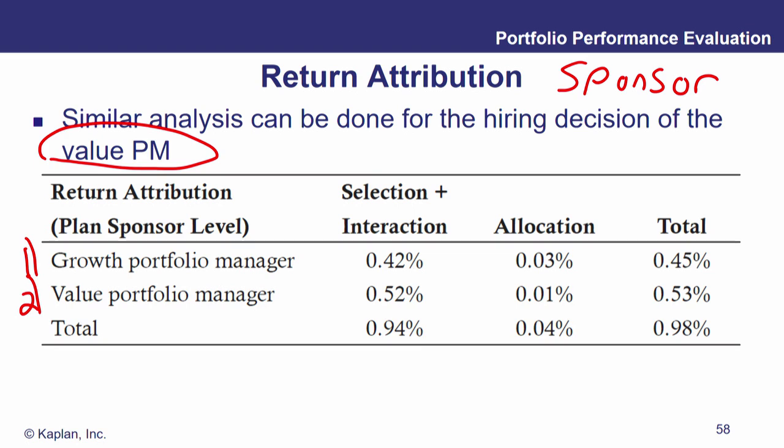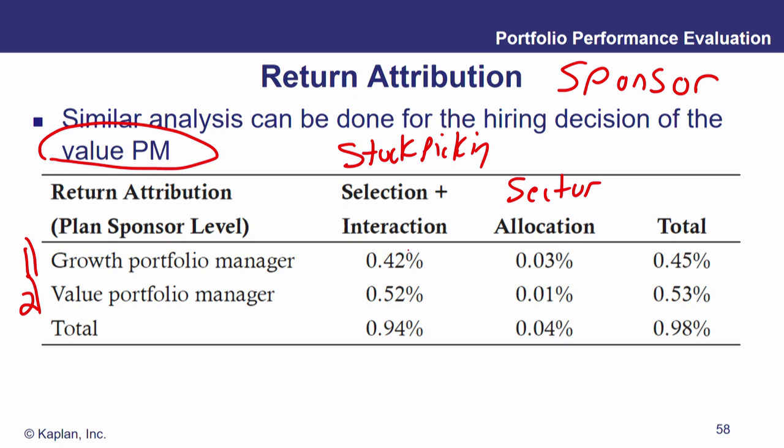So what do we have? Selection and interaction, so stock picking and the plug. And then we have the allocation, so sector weighting. Okay, so what do we see in this growth portfolio manager? Well, selection and interaction was about 0.42%.